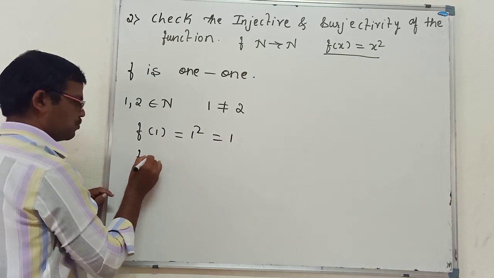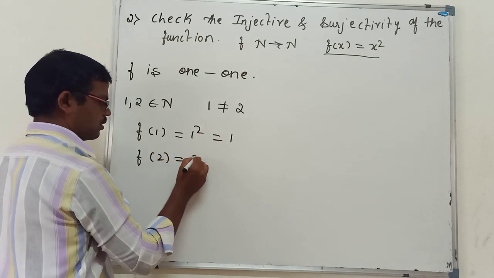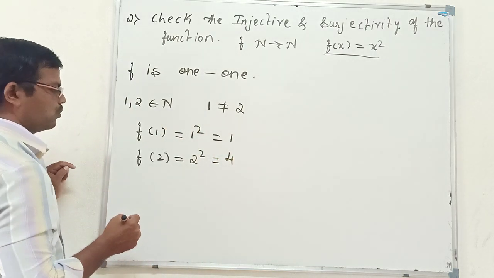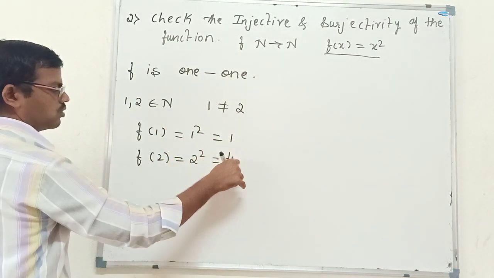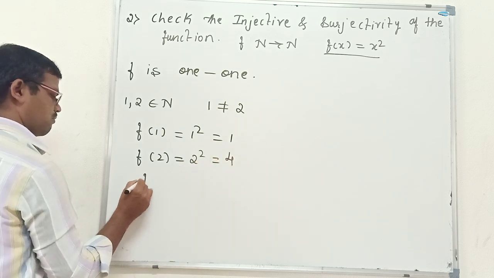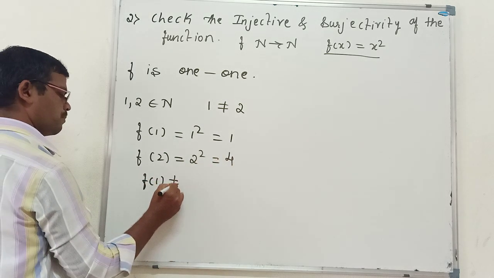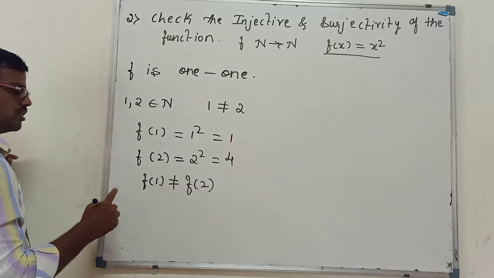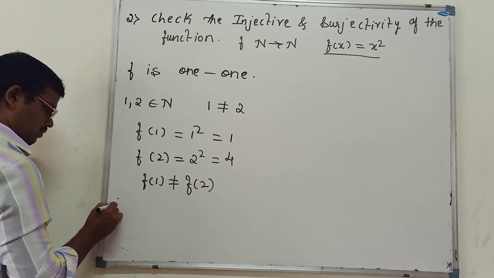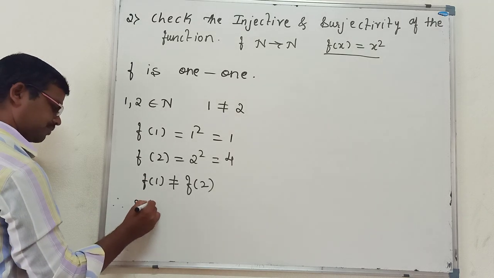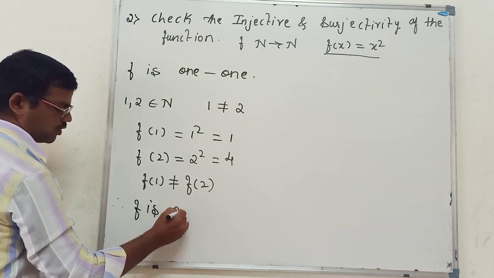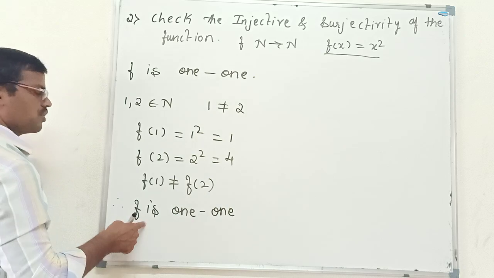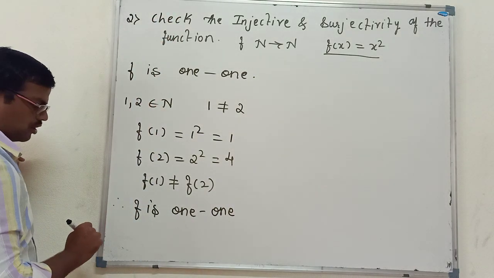Then f of 2 is 2 square, which is 4. 1 is not equal to 4, so f of 1 is not equal to f of 2. Therefore f is a 1-1 function. If f is 1-1, it is nothing but the injective function.